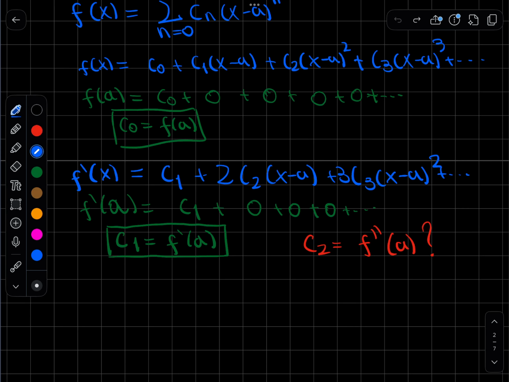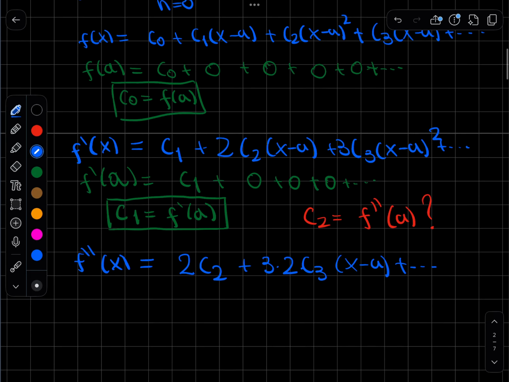Take this and derive it again. So take the second derivative of f. Now this is going to be 0. This is going to be 2c2, because this is x to the power of 1 here. And then this is going to be 3 times 2, right? The 2 comes down from the power rule. x minus a like so, and then continues.